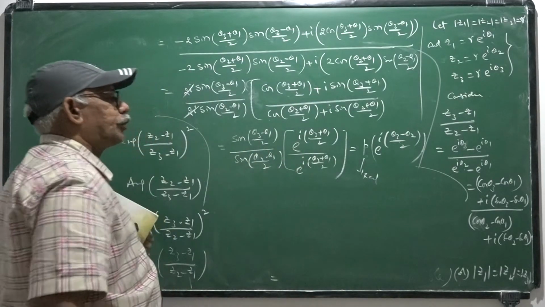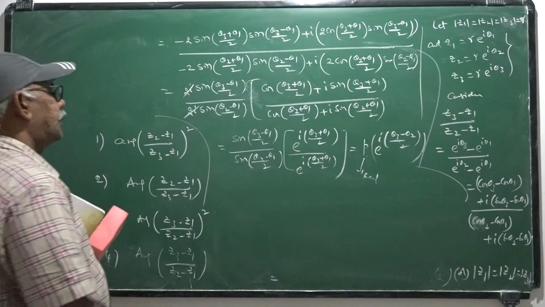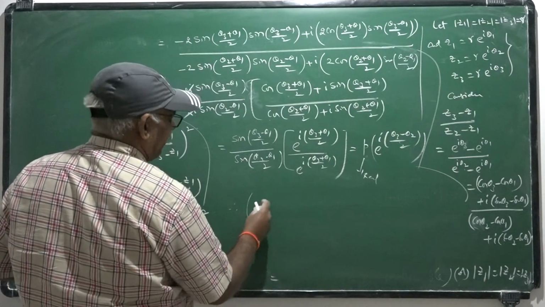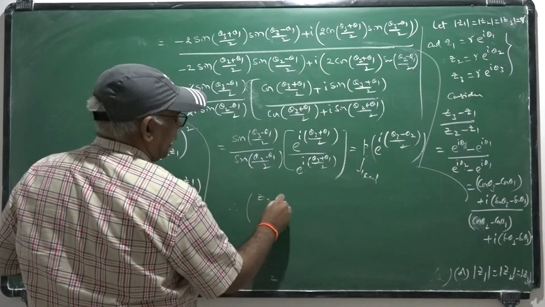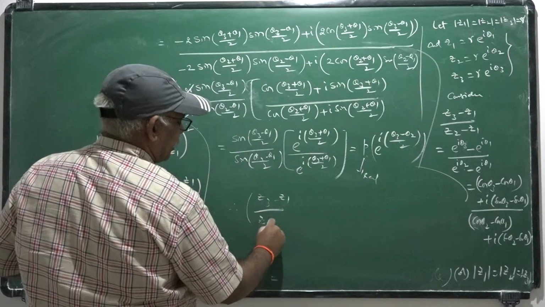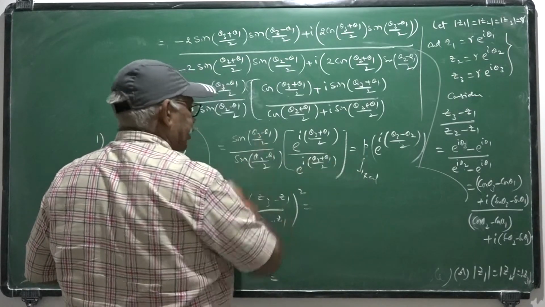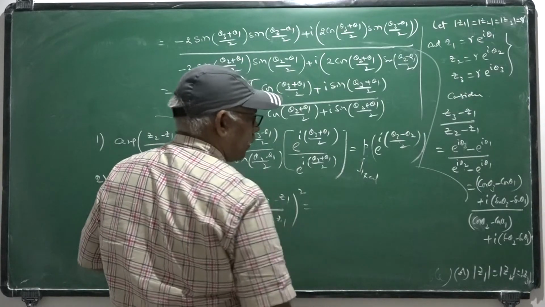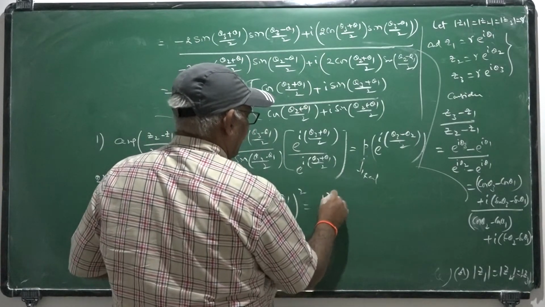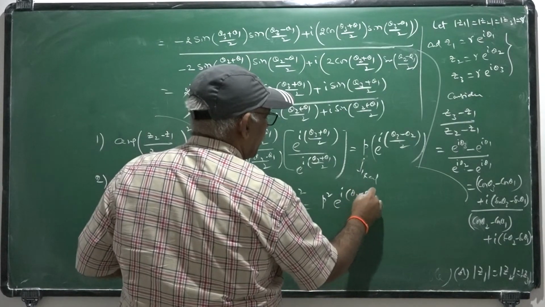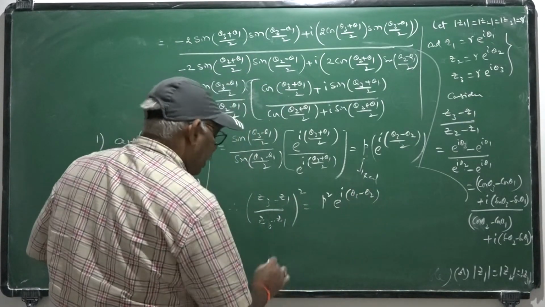So the argument squared, therefore ((z3 minus z1)/(z2 minus z1)) whole square is that real square, that p square, where p is this one into e^(i(theta 3 minus theta 2)).